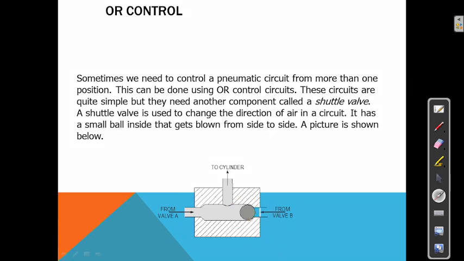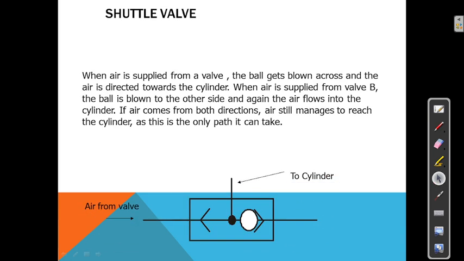This is a ball. This is port A. This is port B, and this will go into the cylinder, and the air will come here as well as here. The output air will also go here. This is the ball. It is called the shuttle valve. And in this shuttle valve, when air is supplied from valve A, the ball gets blown across, and air is directed towards the cylinder.